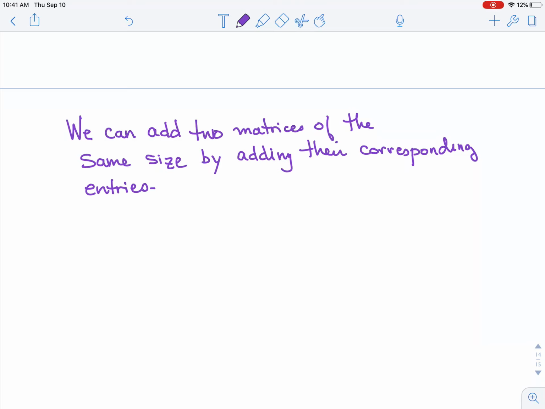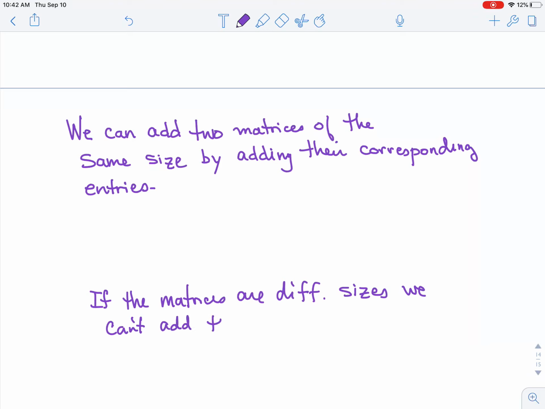And if two matrices have different sizes, then we can't add them. It's just not defined. If the matrices are different sizes, we can't add them. Or in other words, it's just undefined, right?